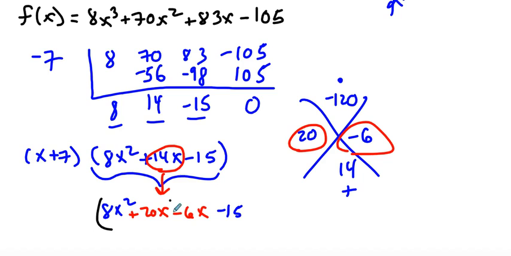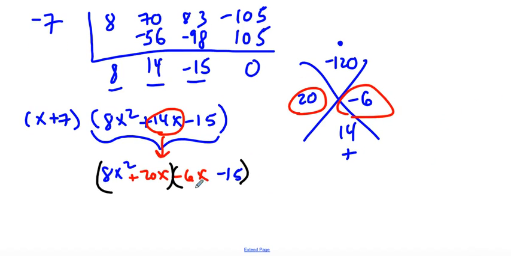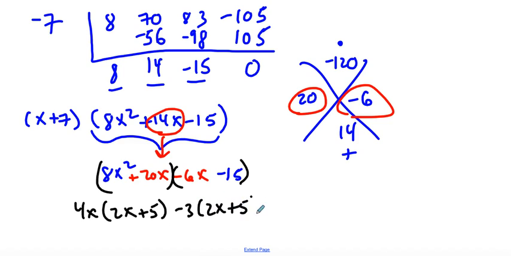the first 2 and then group the second 2, you're going to find something really neat that always happens. Factor out the GCF. What is it? 4x. So then inside we'll have 2x plus 5. And then here was a -3 times 2x plus 5.